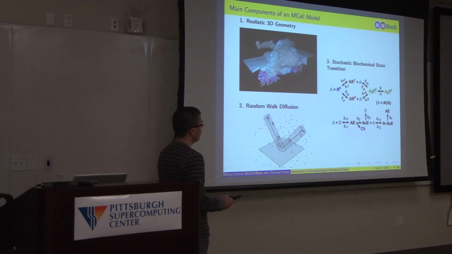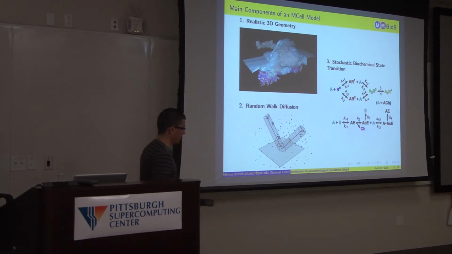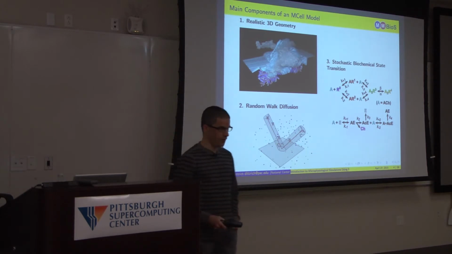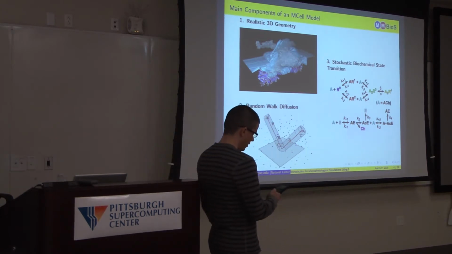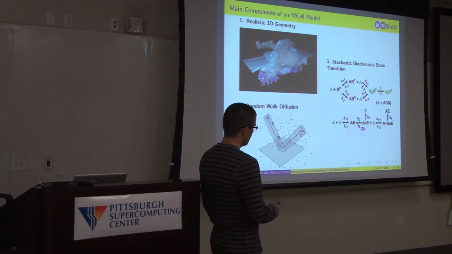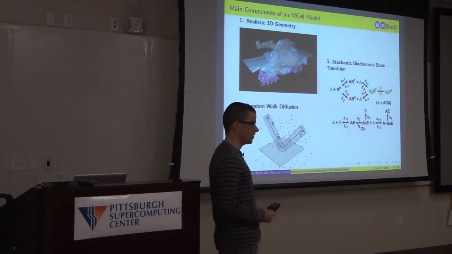And then the third component is what we call biochemical state transitions. For example, this is a transition for an acetylcholine receptor on the postsynaptic side of a synapse that models the binding of acetylcholine to the receptor, the opening of the channel, and then conduction of calcium through the channel.